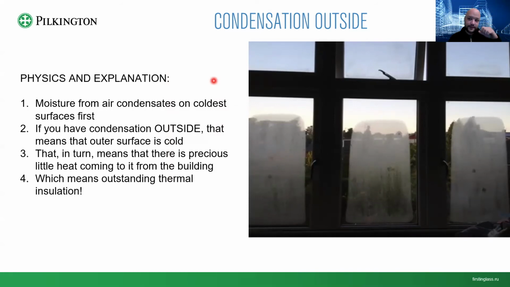And if it is cold, that means there is precious little heat coming from inside the building to this glass, which in turn means that your IG unit has a very good U value. So it is very good at keeping heat inside the building.